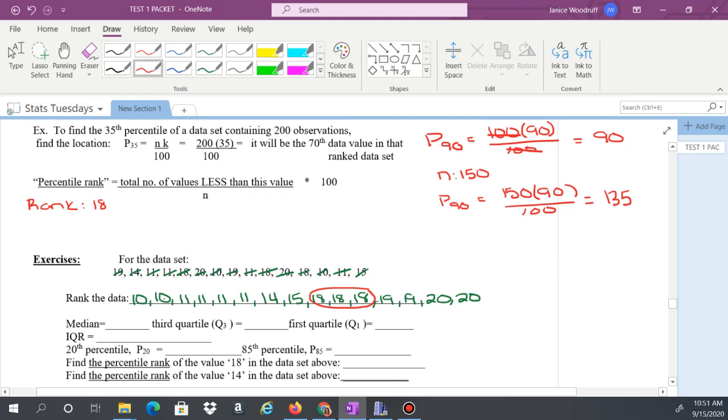So there's 8 values below 18. The total number of values less than this value is 8, times 100, over the sample size. How many total did we have here? 15 values. So we had 8 values less than the number 18 times 100 over 15. That would be 800 over 15.